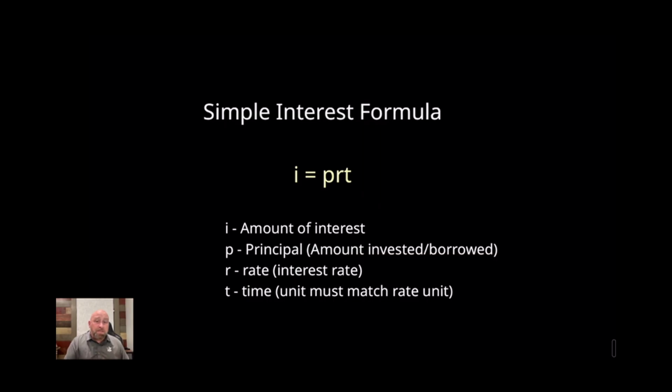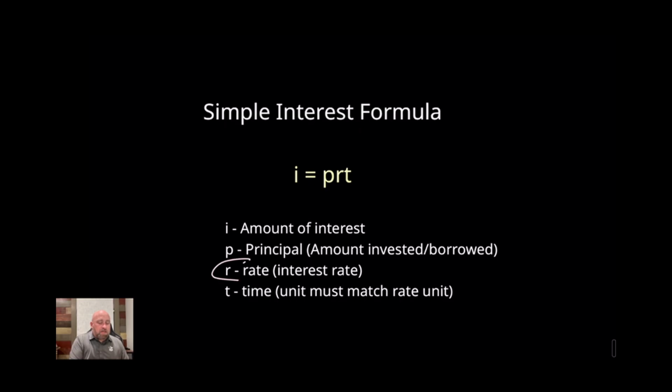Next, the P is the principal, not the principal of the school. Okay, the principal is how much money you borrowed or how much money you invested. What did you give the bank? In the example we used, we gave the bank $1,000. So the principal is $1,000. Okay.